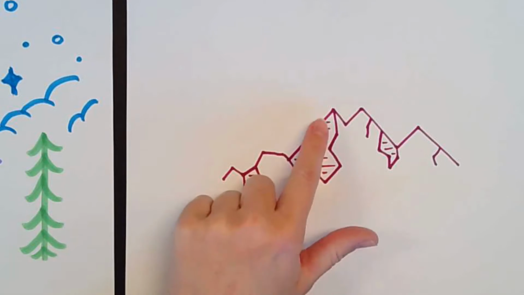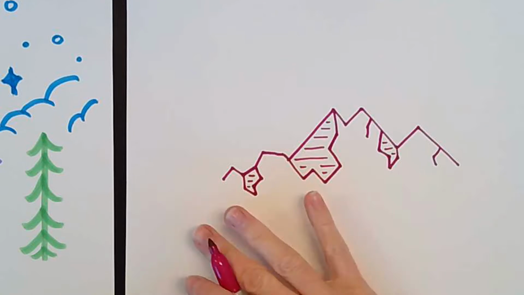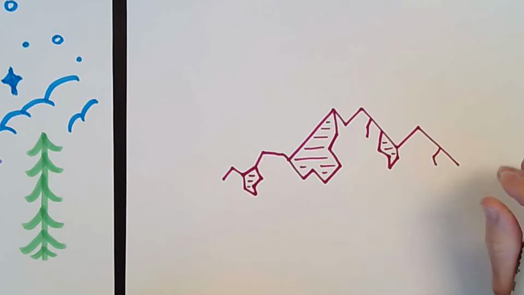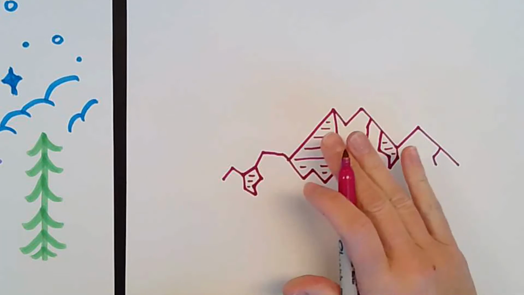Kind of makes it look like notebook paper almost. And again, if your mountains don't look exactly like mine, that's fine. I'm just showing you this as a guide, okay?